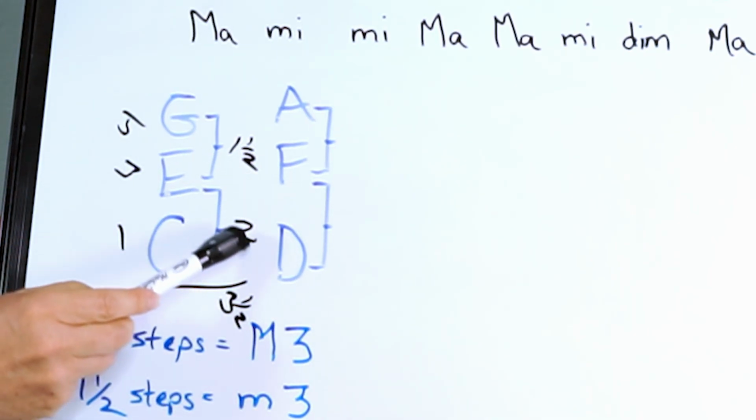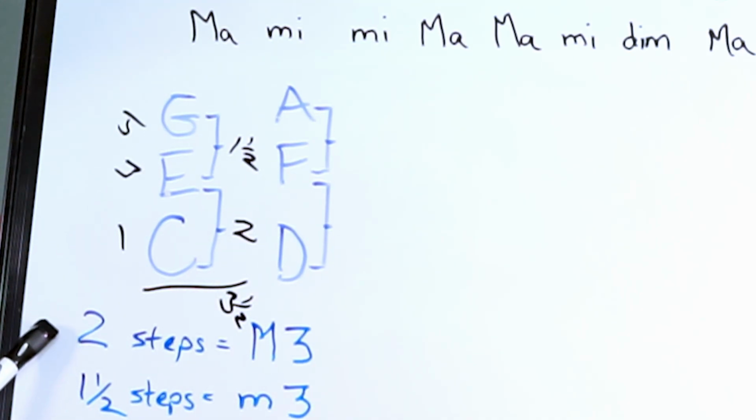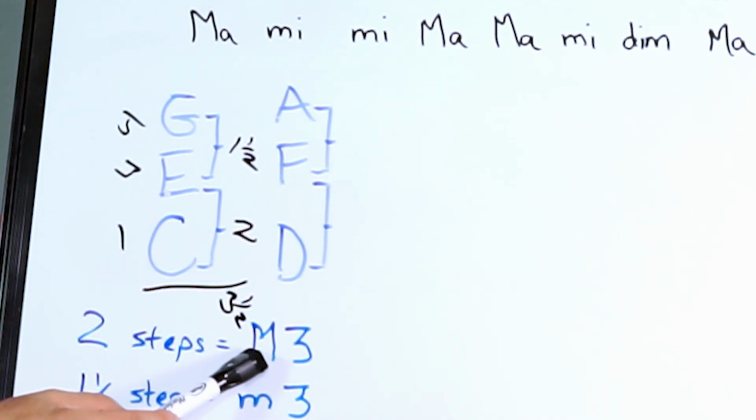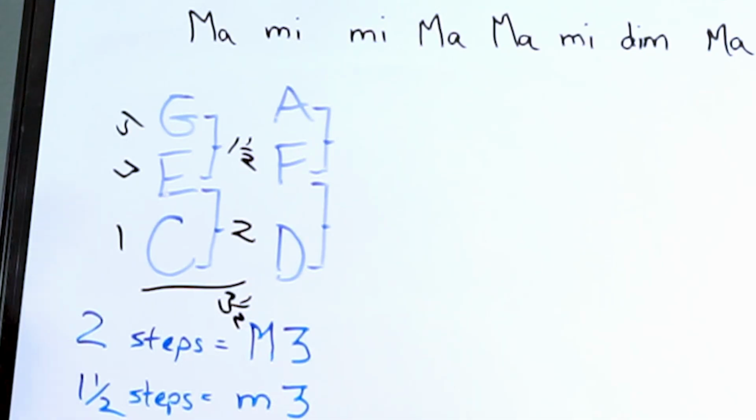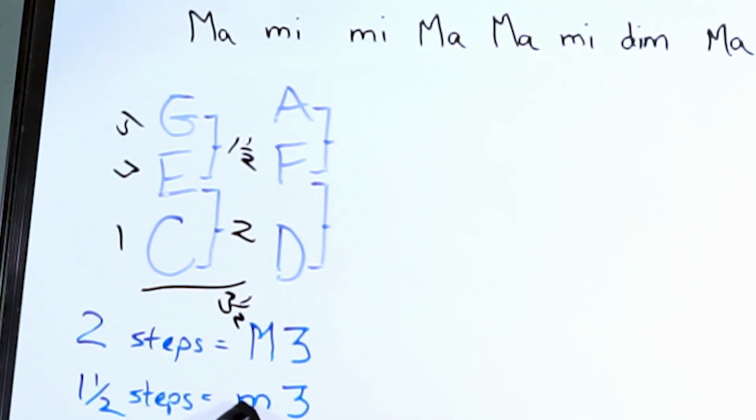We're going to give names to these intervals. Interval of 2 steps, we're now going to call a major third. The capital M stands for major. It gives us an easier way to discuss it than just keep saying whole steps. 1.5 steps is going to be called now a minor third. That's the lowercase m, and that's common terminology.